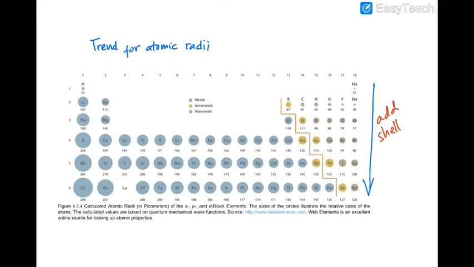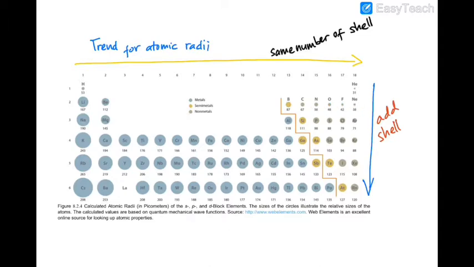On the other hand, going from the left side to the right side in the periodic table, the size of the atom actually gets smaller.